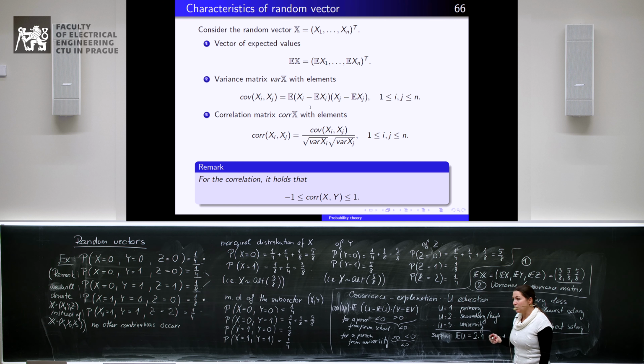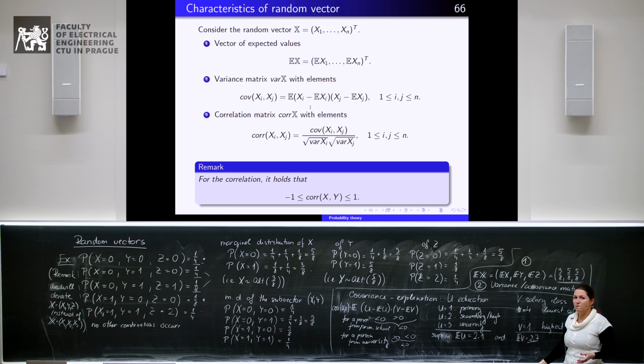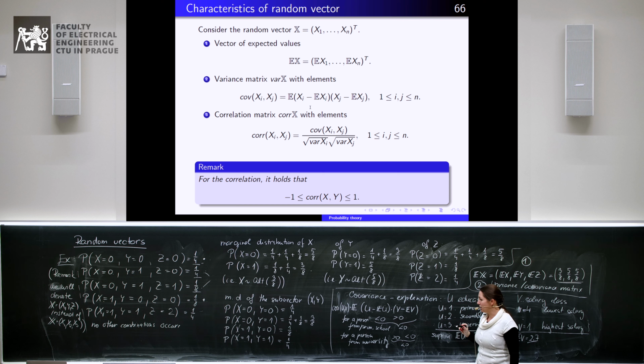Again, when we take a person from primary school or university, we get in most cases a negative product. When one number is higher than its expected value, the second is lower than its expected value, and the opposite. So the mean is negative. It means that the covariance is negative.